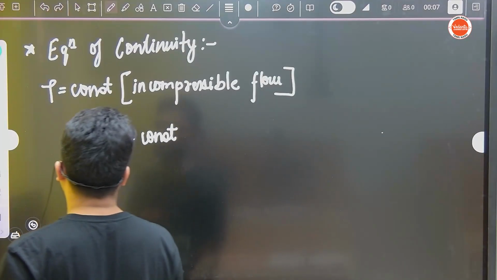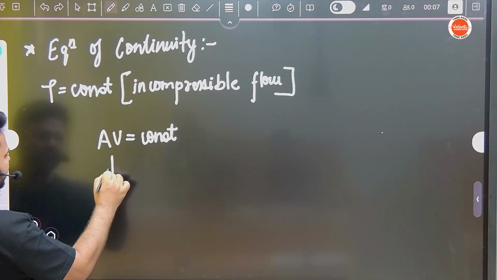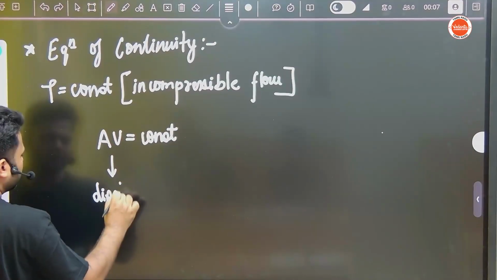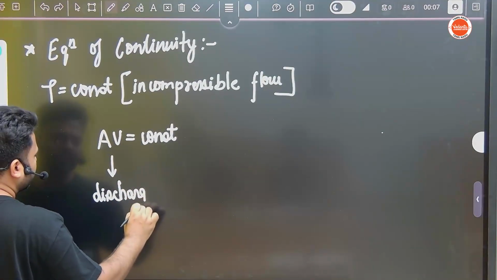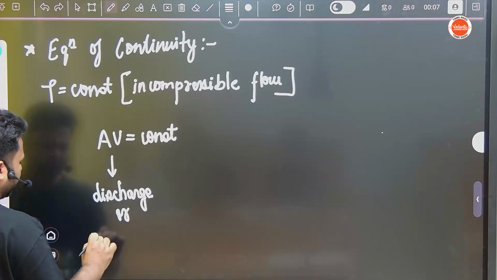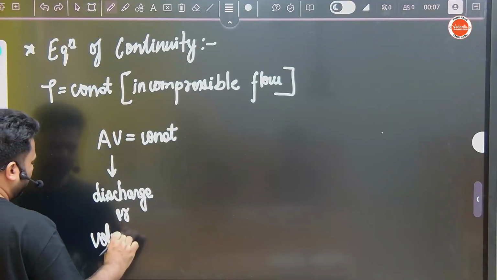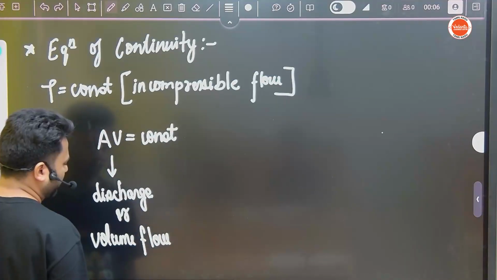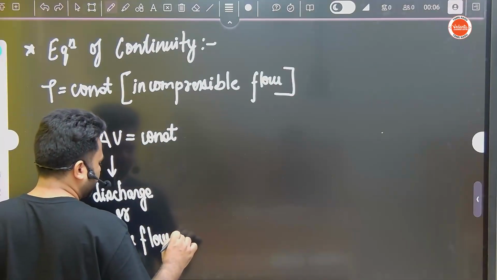Area into velocity is called discharge, or volume flow rate. Volume flow rate means how much volume of liquid or fluid is flowing per unit time.